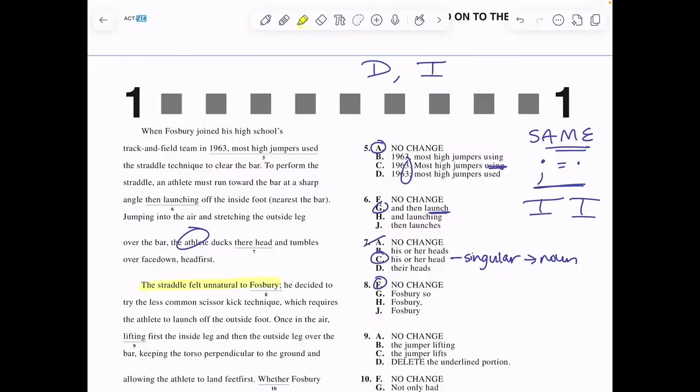He decided to try, blah, blah, blah, sentence. So the reason it wouldn't be G, because that's kind of tempting, is we would need a comma, because comma, any of the fanboys, for, and, nor, but, or, yet, so, would need a comma to link those 2 complete phrases, those 2 independent clauses. So they would not have given you comma, so, as well as a semicolon. They would have both been correct.